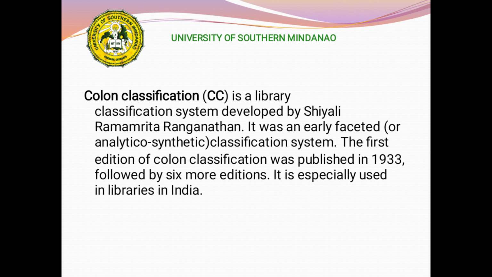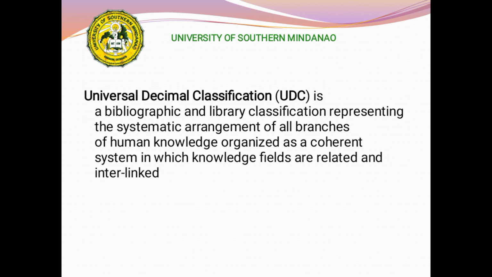And the next is the Universal Decimal Classification, or UDC, a bibliographic and library classification representing the systematic arrangement of all branches of human knowledge organized as a coherent system in which knowledge fields are related and interlinked.